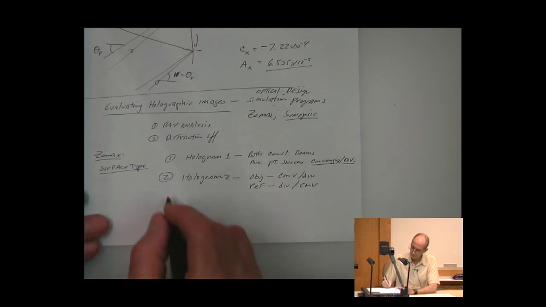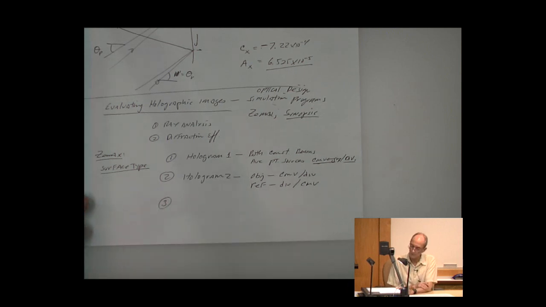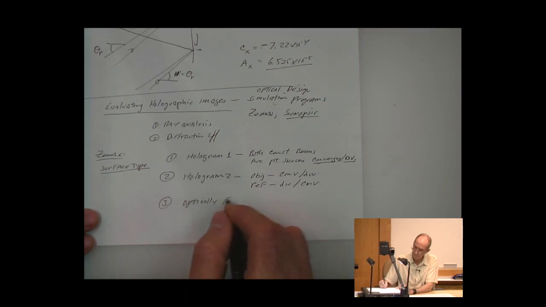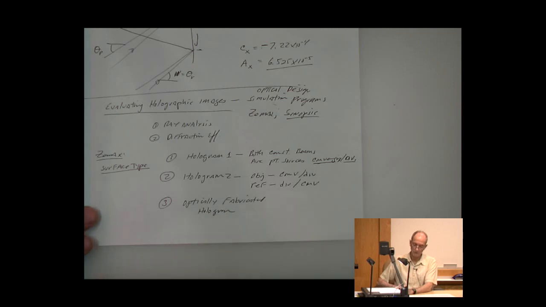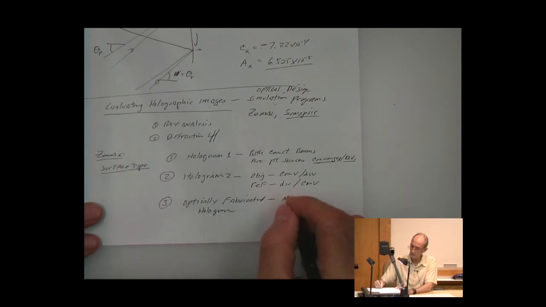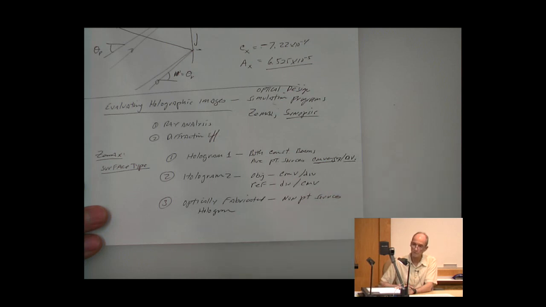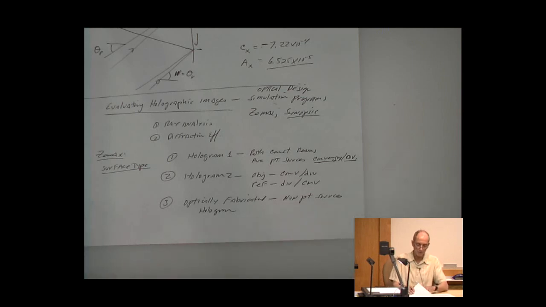Another surface type that you can use is called the optically fabricated hologram. This allows you to treat non-point sources to form the hologram. For instance, you can use a computer-generated hologram in order to generate the field that you want for that system.